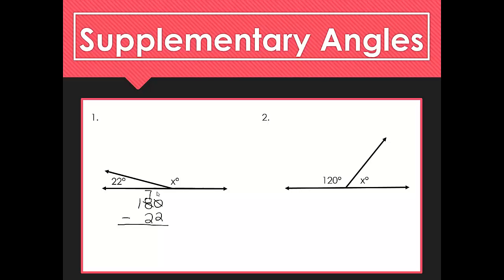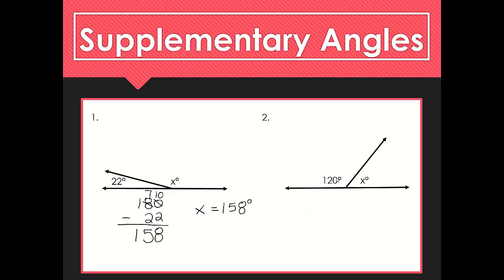And now this 0 becomes a 10. 10 minus 2 is 8. 7 minus 2 is 5. And 1 minus nothing is 1. So x equals 158 degrees.